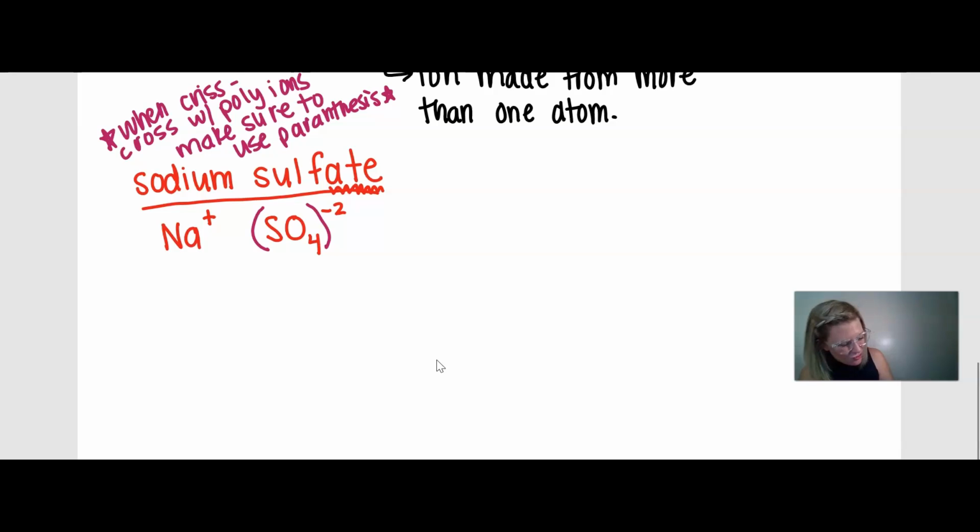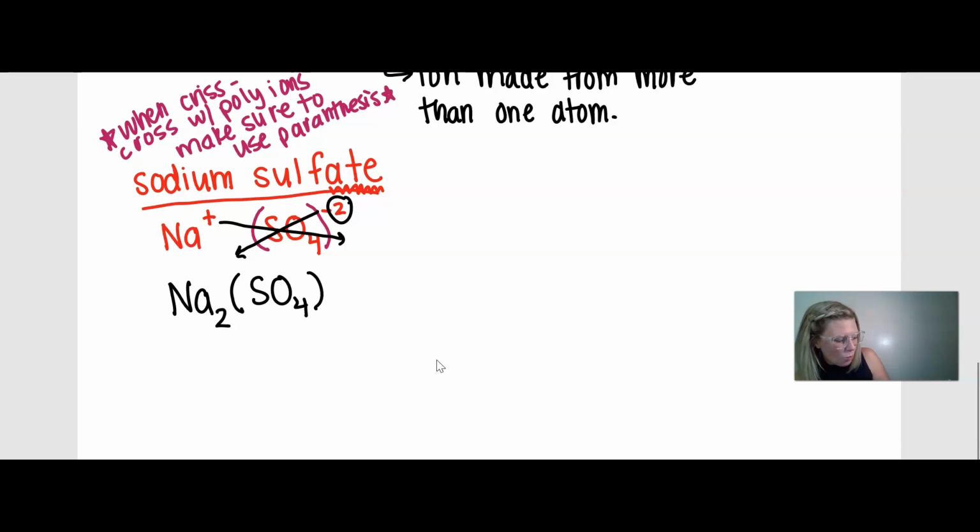We are going to criss all the way outside the parentheses and cross all the way down, and we end up with Na2 (SO4)1.